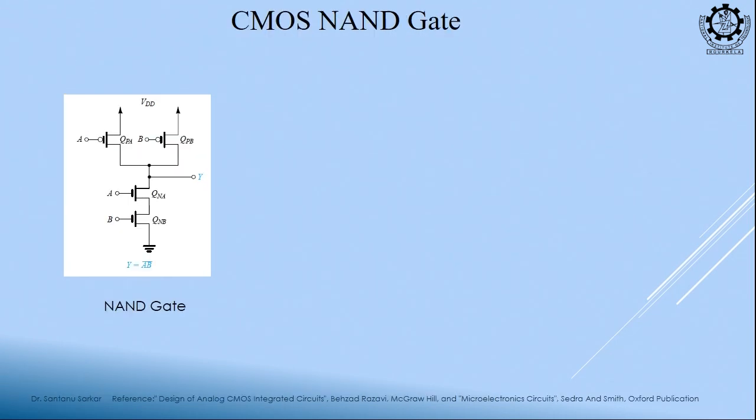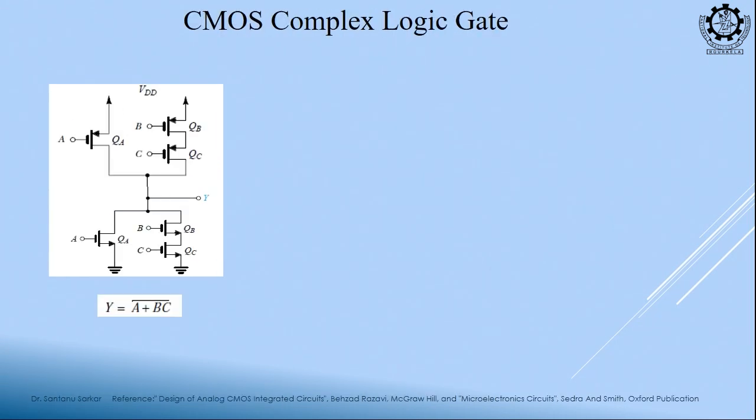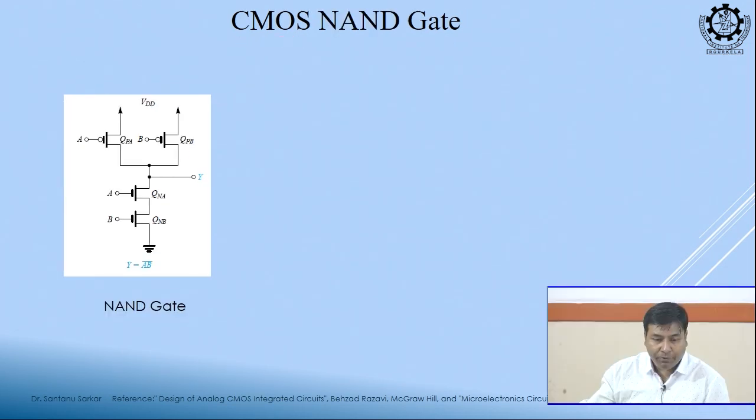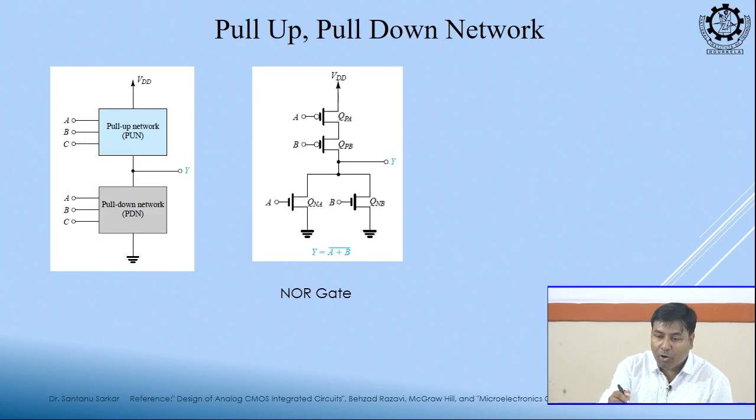Now, we discussed a little bit about CMOS circuits, right, CMOS logic gates. So, if you recall, this is a NAND gate. So, if NMOS is in series, it is something like that, right, and if PMOS is in series, this is something like that, right.